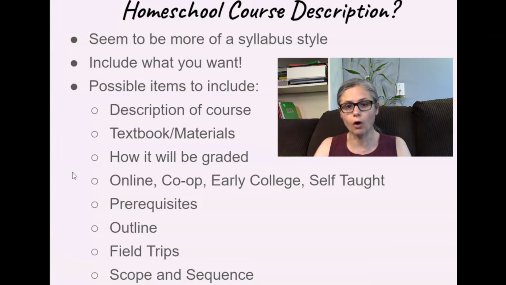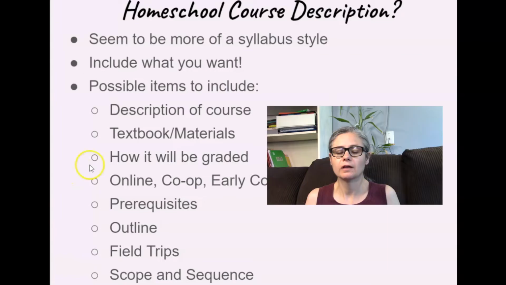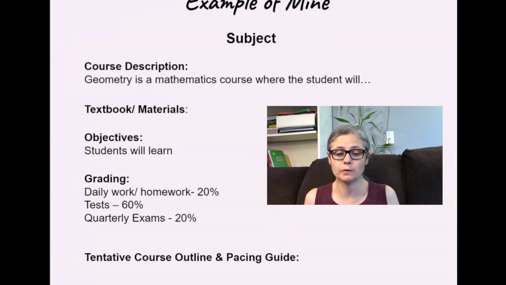So I was seeing all of these things on homeschool course descriptions. So to me, this doesn't follow your traditional school course description, but is more of a description syllabus mesh put together thing. So I started writing one when my oldest son was in the 9th grade.